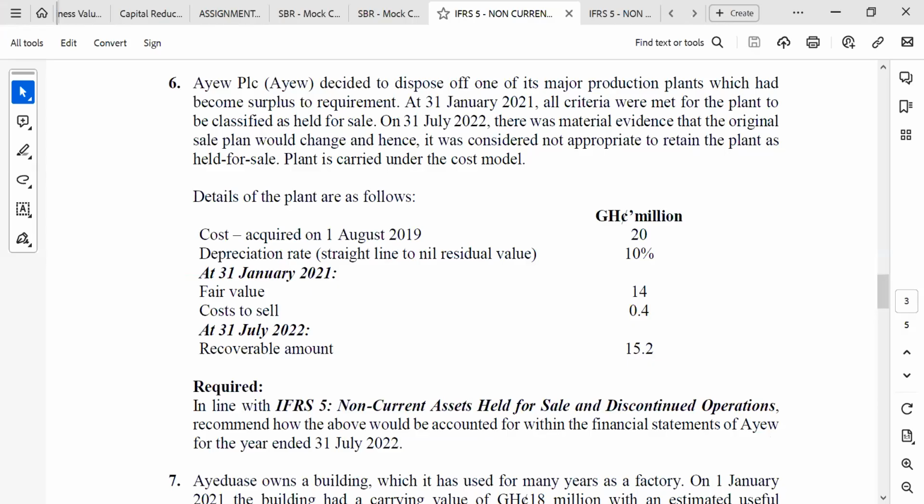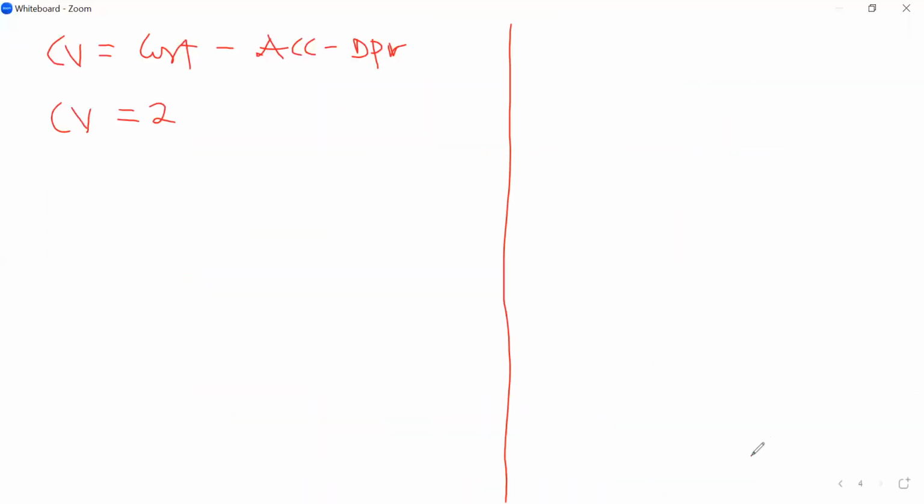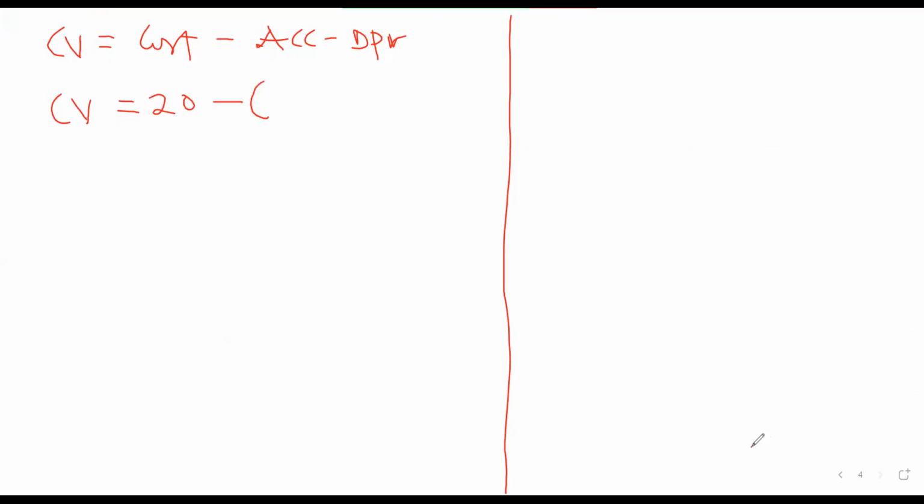So 20 million minus, in bracket, 0.1 times 20 million times 1.5. Am I correct with the calculation of the accumulated depreciation? Yes. That will give us 20 minus 3. Carrying value will be 17 million.